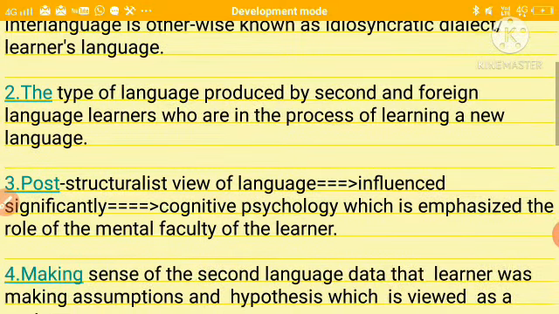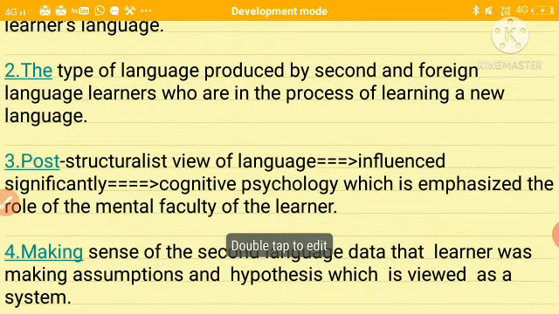Then come to the third point. Post-structuralist view of language is influenced significantly by cognitive psychology, which emphasized the role of the mental faculty of the learner. So you have to mention inside the answer cognitive psychology. What is cognitive psychology? Cognitive psychology is the development of the mental psyche of the mind of a child, the development of the brain, which emphasized the role of the mental faculty of the learner.